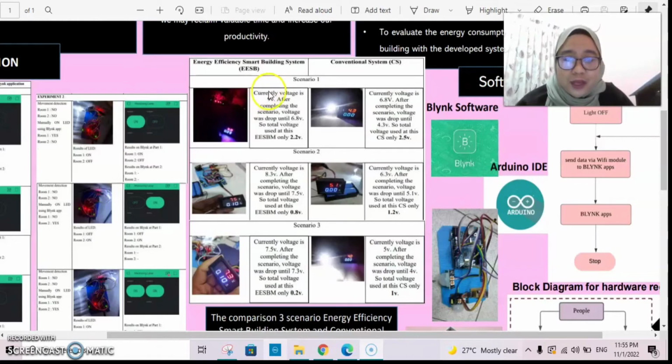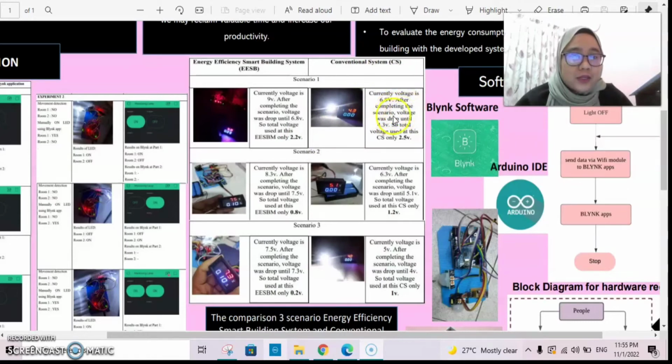And the result we get, currently voltage is 9. After completing the scenario, voltage dropped to 6.8 volt. So the total voltage used by this system is only 2.2 volt. But for the conventional system, currently it is 6.8 volt.